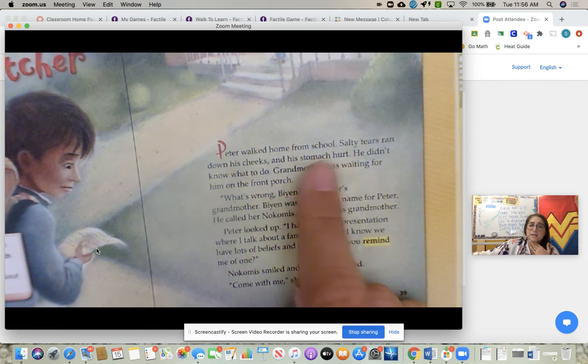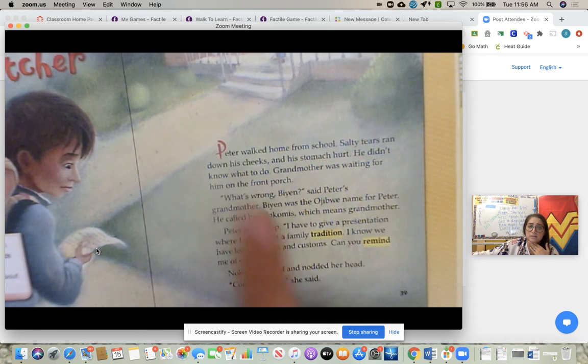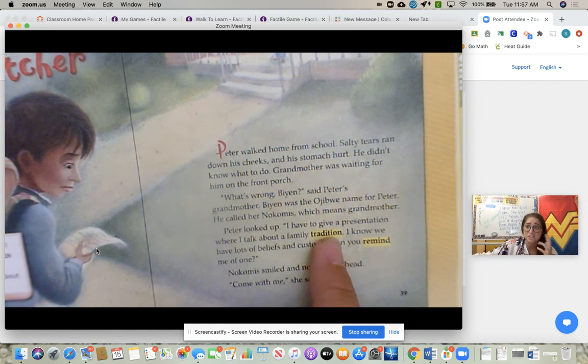Well, when we keep reading in paragraph 3, he says, "I have to give a presentation where I talk about a family tradition." So I'm thinking, all right, he's nervous.